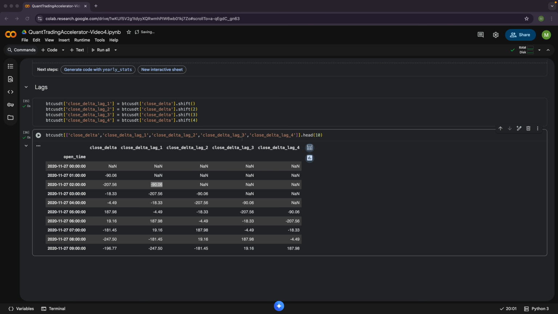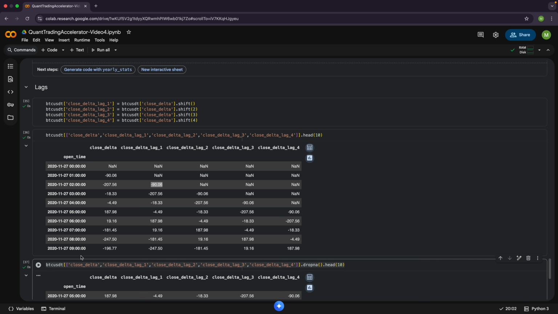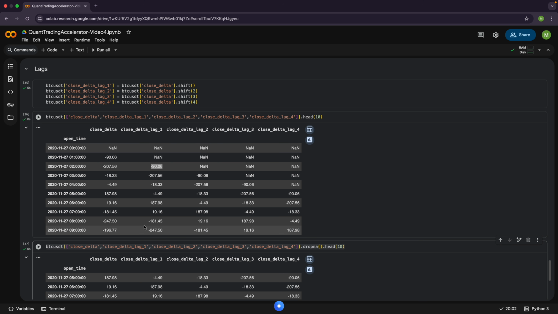But in practice, we want to remove all these null or NaN values, and the way we can get rid of them is by this dropna. Because when we pass it into the models, some models, like gradient boosting trees, are not sensitive to nulls or NaNs, but linear models and neural networks are sensitive, so we typically remove these.